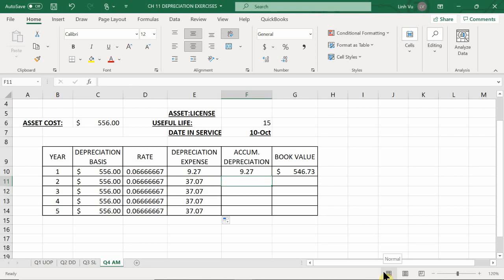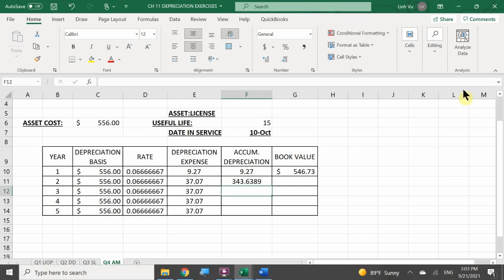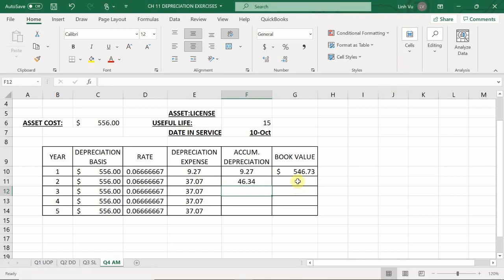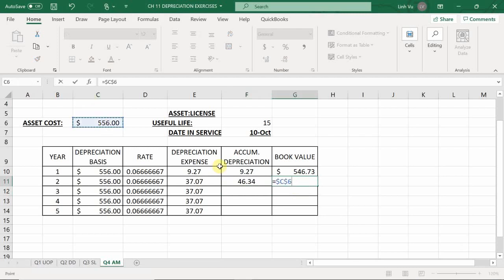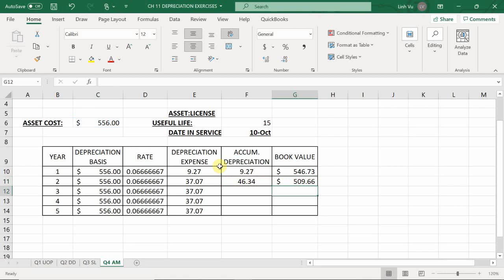Okay? So now let's go ahead and solve for the second year's accumulated depreciation by adding the $9.27 there to give you a total of, whoa, that's not right. So $37 plus $9.27 gives you $46.34, which brings your book value, again, your asset cost of $556 minus your $46.34, to a total of $509.66.